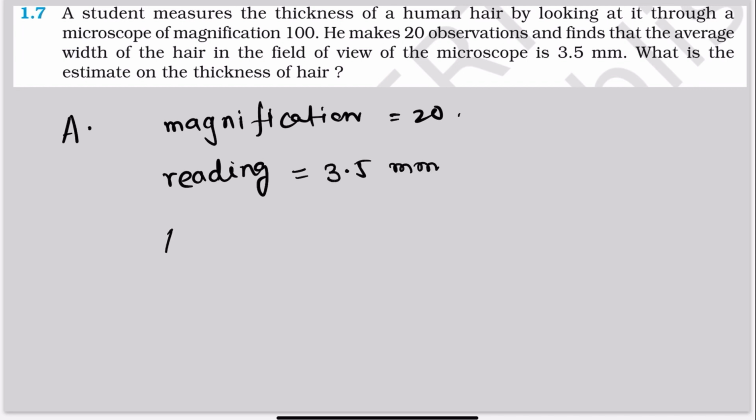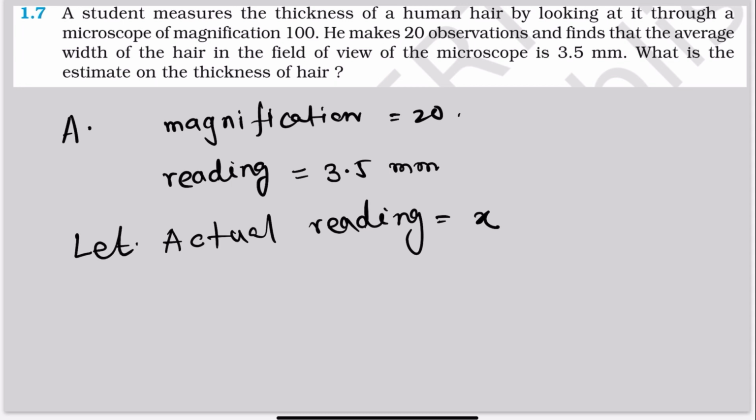Now the actual reading will be what? Let us say the actual reading is x. The student has used a microscope with a magnification of 100, so the microscope shows 100 times the actual reading.